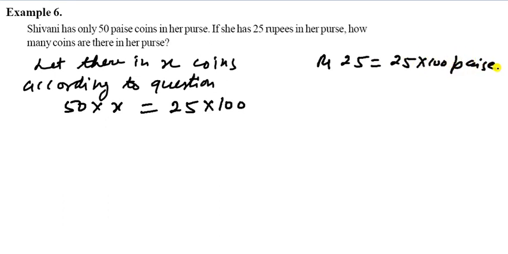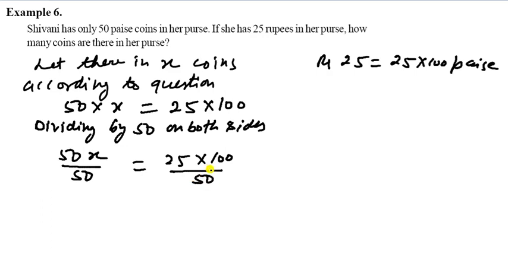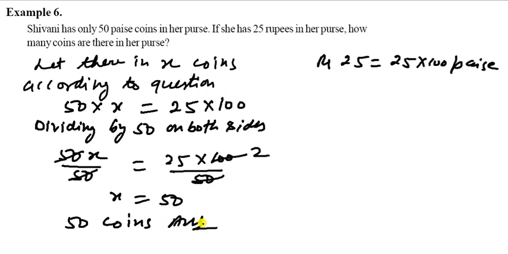Now dividing by 50 on both sides, so it will be 50x upon 50 equal to 25 into 100 divided by 50. 50 twos are 100, and here 50 cancels with 50. So x becomes 25 twos are 50, so 50 coins. So that is your answer.